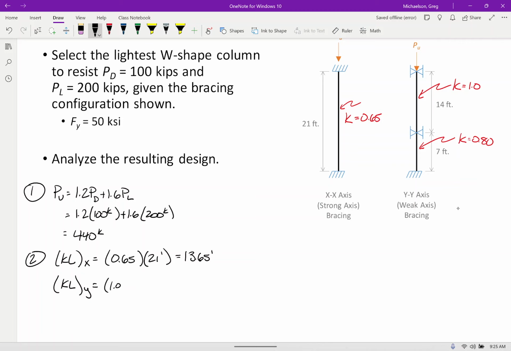Here, I'm just taking that. Why am I taking that? Longer segment, higher K value, right? No reason to use this one. So what do we get here? This is pretty easy. 14 feet. I'm going to space that out a little bit.